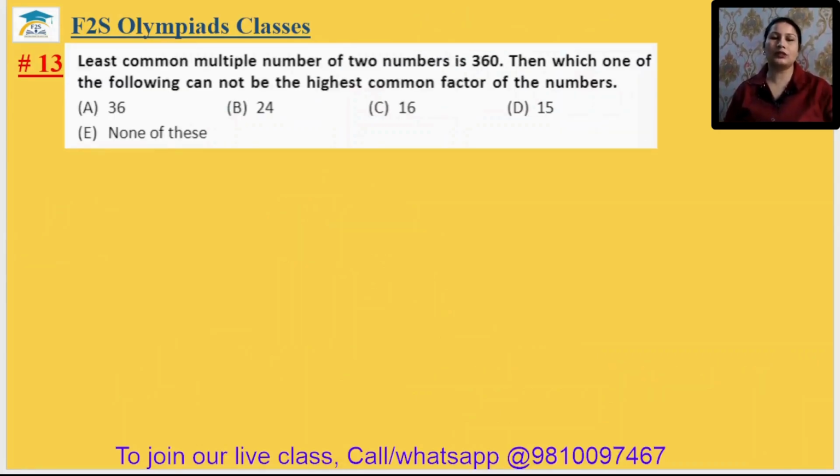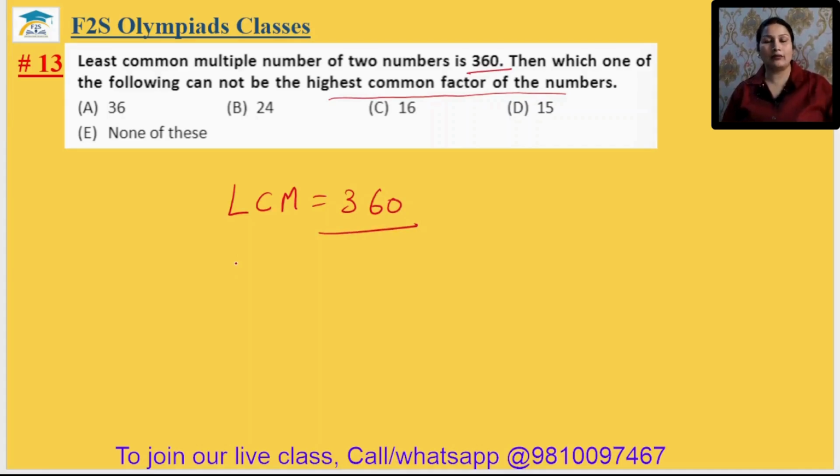Okay? Come to the 13th. The least common multiple of two numbers is 360. Then which one of the following cannot be the highest common factor of the numbers? LCM is given, LCM equal to 360.